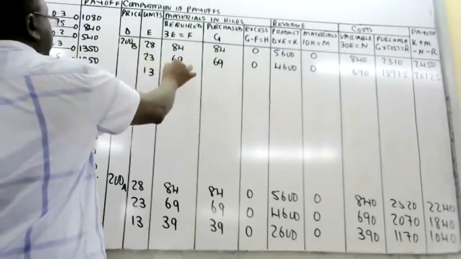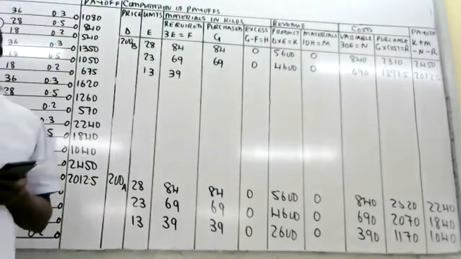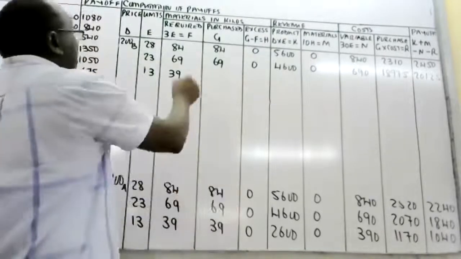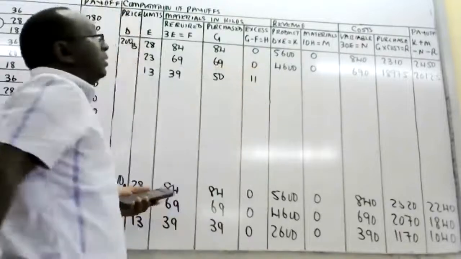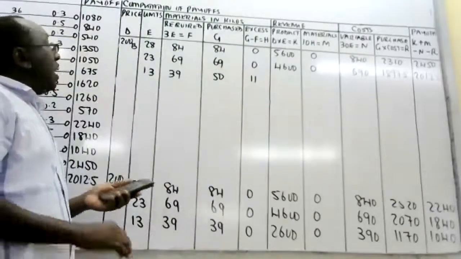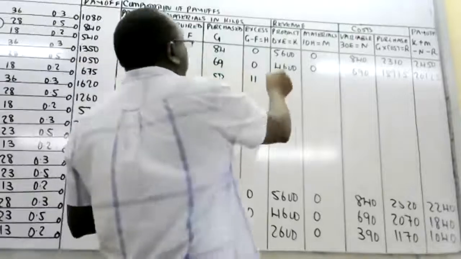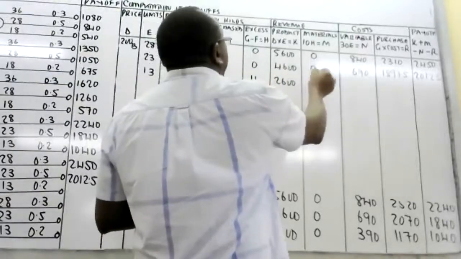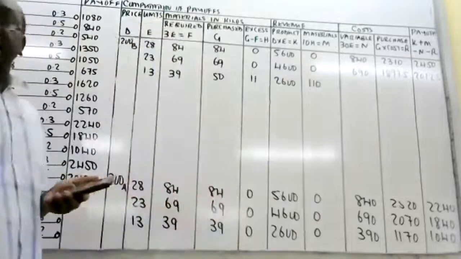So I have 39. So at 39, I can only be allowed to buy 50 because I'm in B. So if I buy 50, that means I have an excess of 11. So my revenue will be 13 times 200. That is 2,600. And my revenue of materials is 110.